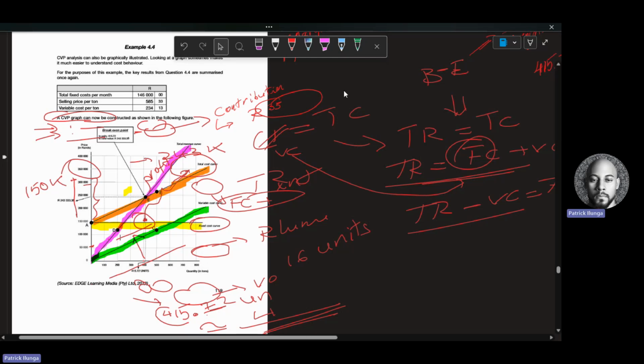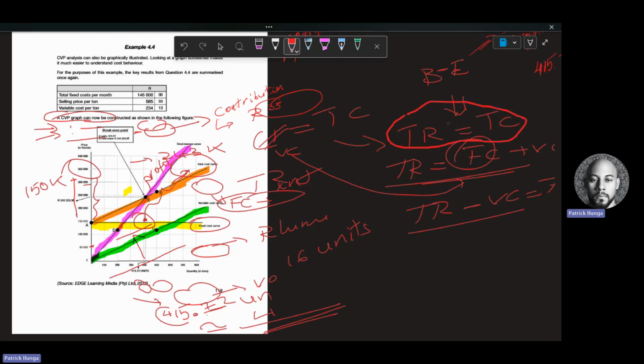The total revenue, it is in your notes and all that, and I provide visuals for that. When your total revenue equals your total cost, that is your break even. All right? Meaning that you've covered all the costs. You have generated enough revenue to cover all your costs. That's all that it means. I hope that is clear to you, right?